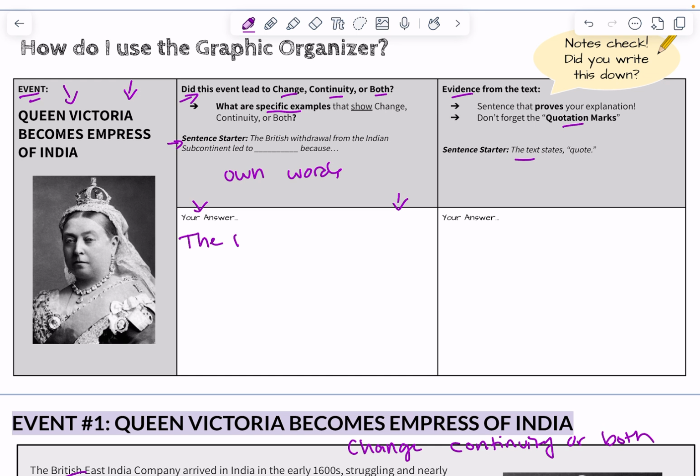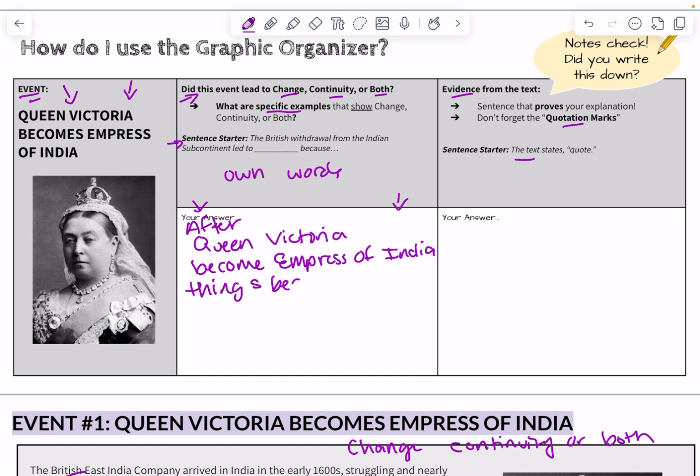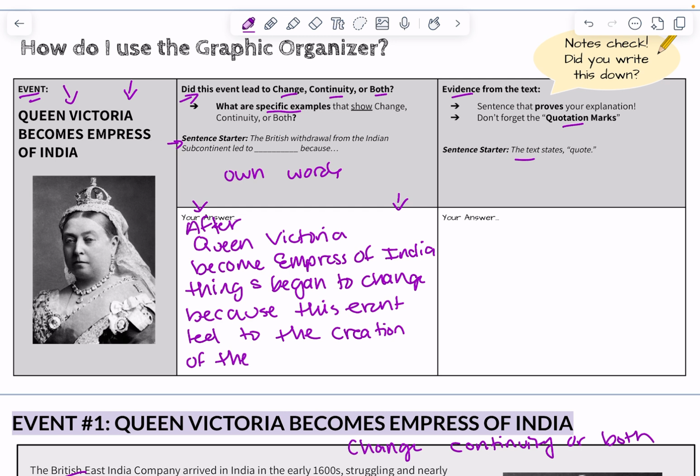The British Queen, after Queen Victoria becomes Empress of India, things began to change because this event led to the creation of the Indian national movement. Period. So I explained that it led to change in my own words.